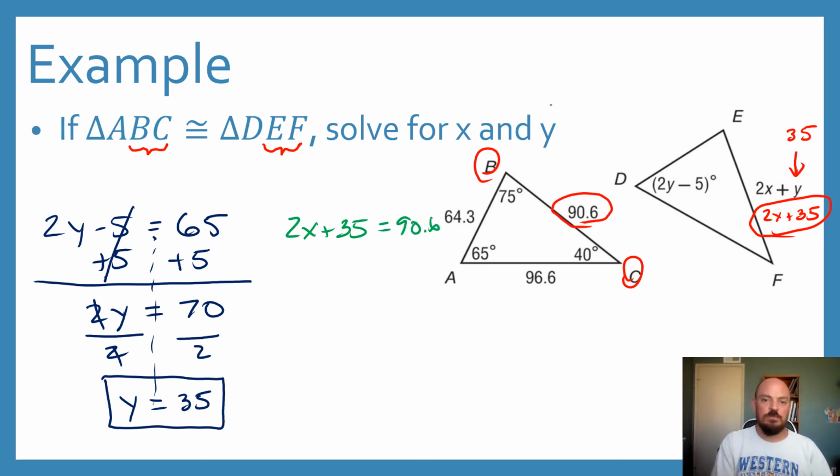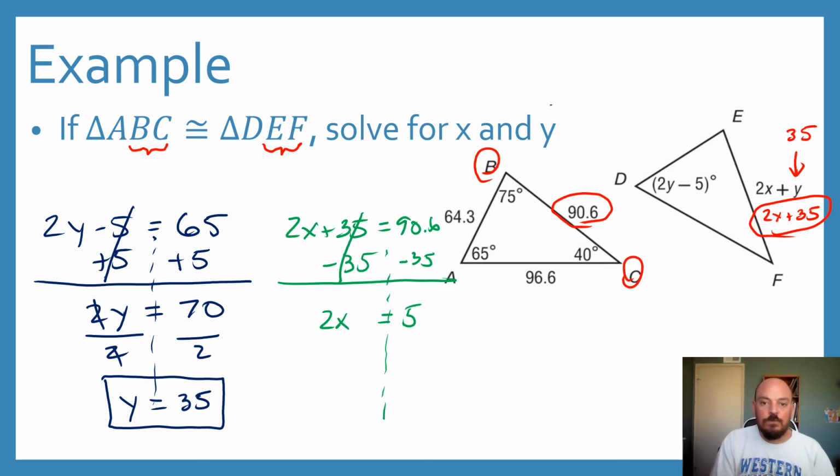And we have some decimals, but that's okay. We'll end up using a calculator for this. Maybe. So let's subtract 35 from both sides. Those are gone. It leaves just the 2x. Let's see here. 54.6? No, 55.6.